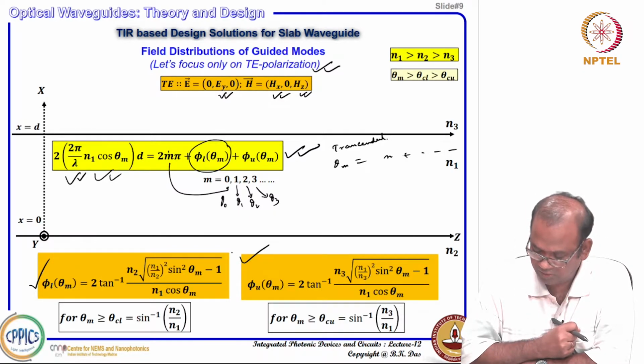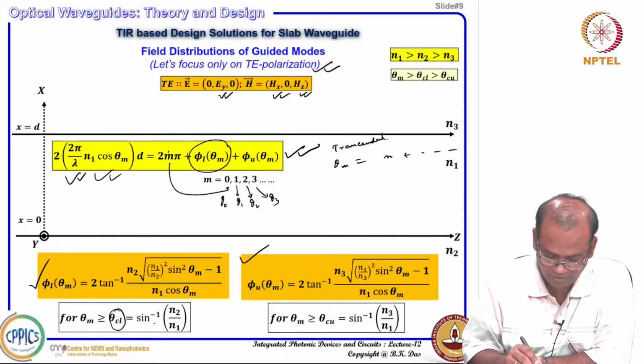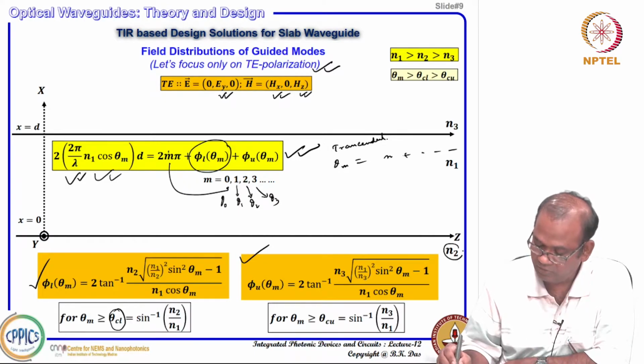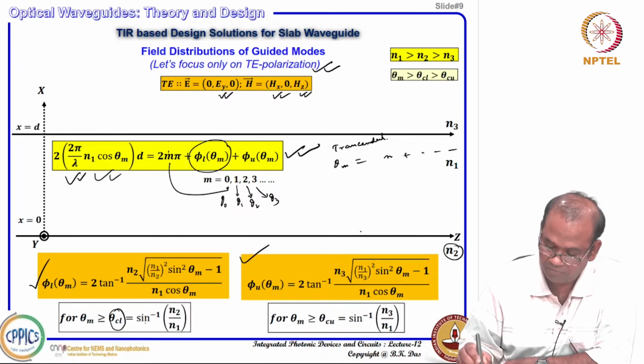A couple more things you should know here. If you try to see the critical angle at the lower interface, that is between n2 and n1, so theta cl is sin inverse n2 by n1. So, we can calculate the critical angle for the lower interface.